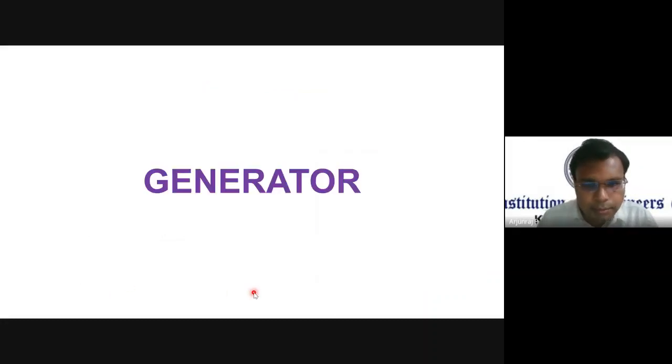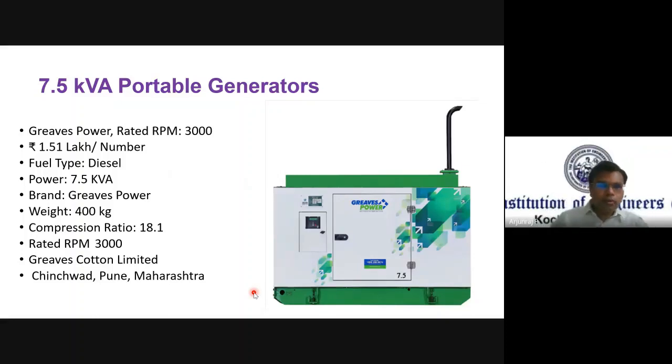Next, we will see the generator. I told you about a generator. See, you need to have a generator based on your application. You can have the portable generator, which is having different ranges, like 7.5 kilovolts ampere, and according to the requirement you can use it, because these generators are very much essential for the electricity, and it will help you to do the work in the night time as well.